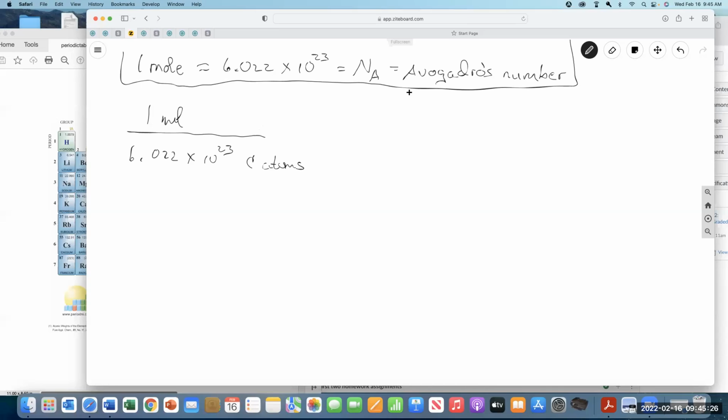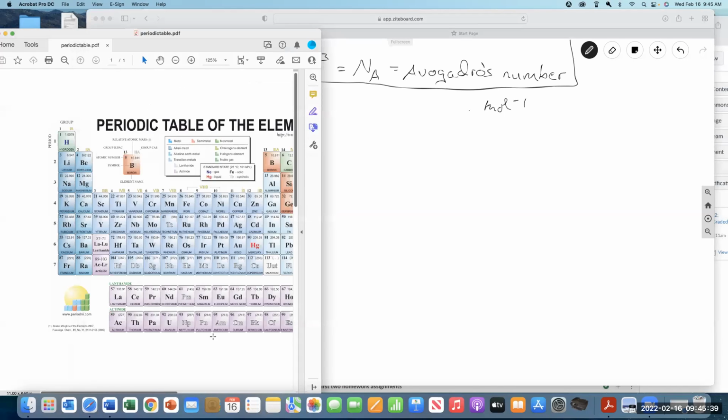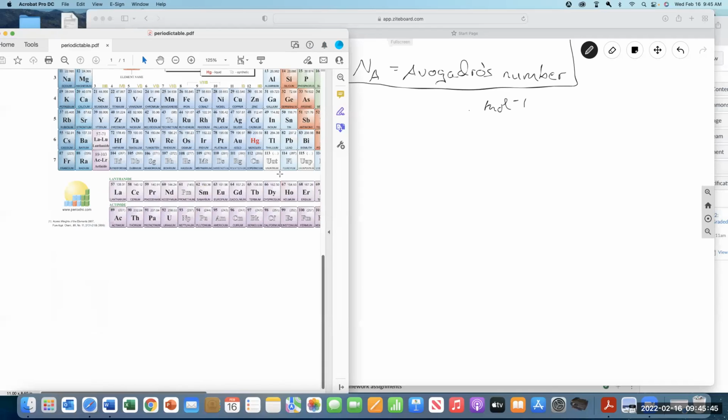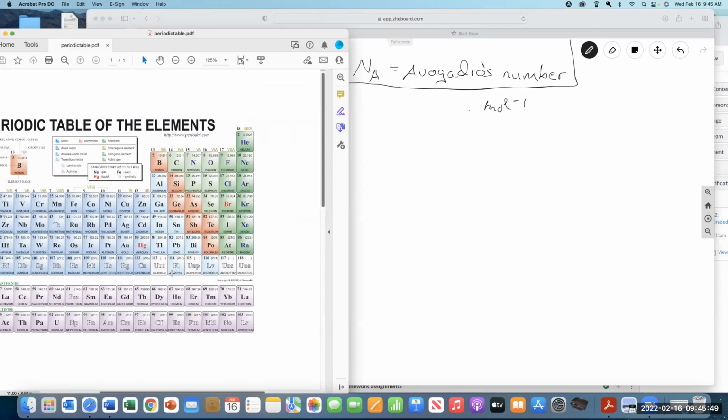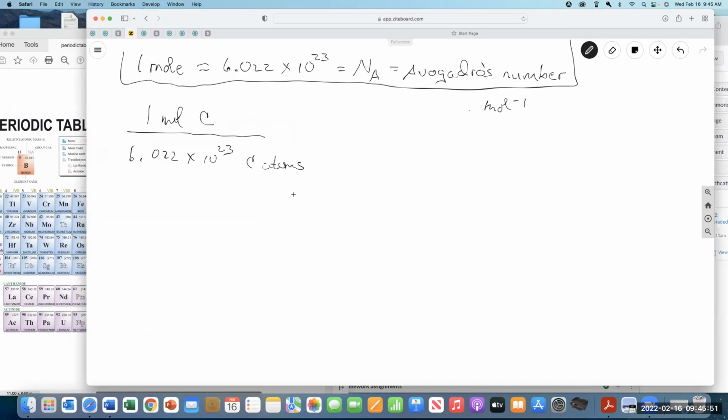So the unit on Avogadro's number is moles in the denominator. So it's whatever per mole. So atoms per mole. Okay, 1 mole of carbon. And carbon, if you look on the periodic table, the molar mass of carbon is 12.011.